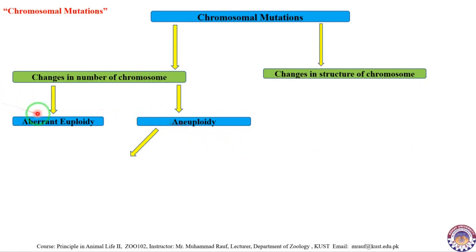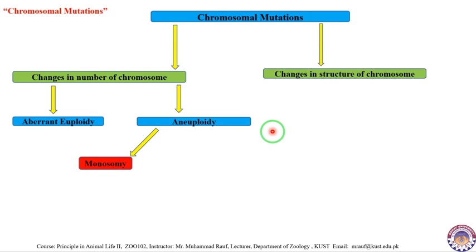So the difference between these two is that here a complete chromosome set is either missing or extra, and here only the individual chromosome either is missing or extra. So aneuploidy may be monosomy. Monosomy is a condition in which one of the chromosomes is missing.